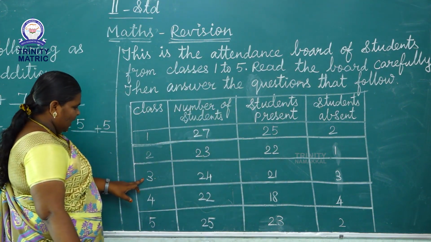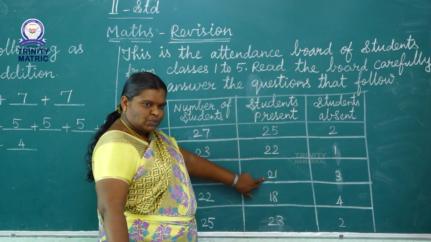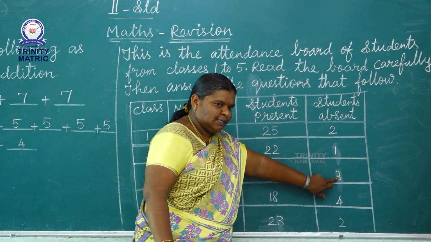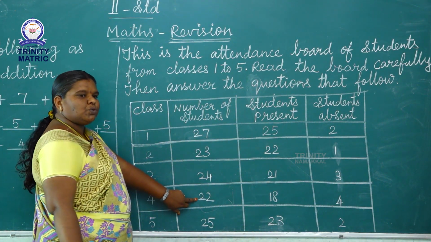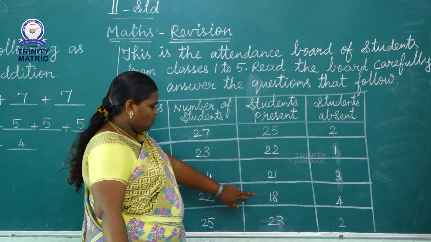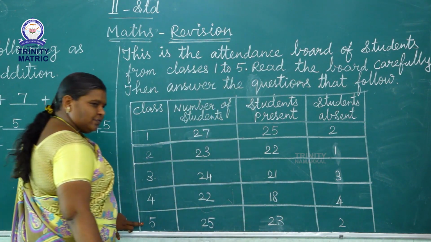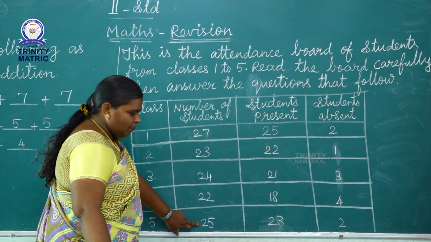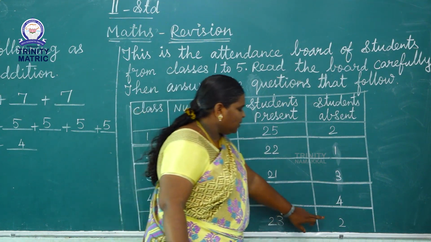Third standard: total 24, present 21, absent 3. Fourth standard: total 22, present 18, absent 4. Fifth standard: total 25, present 23, absent 2.